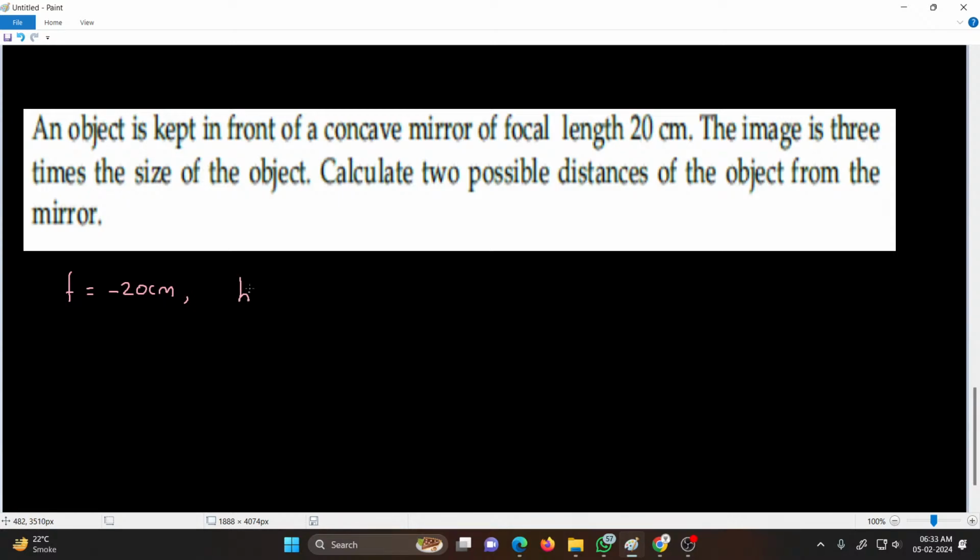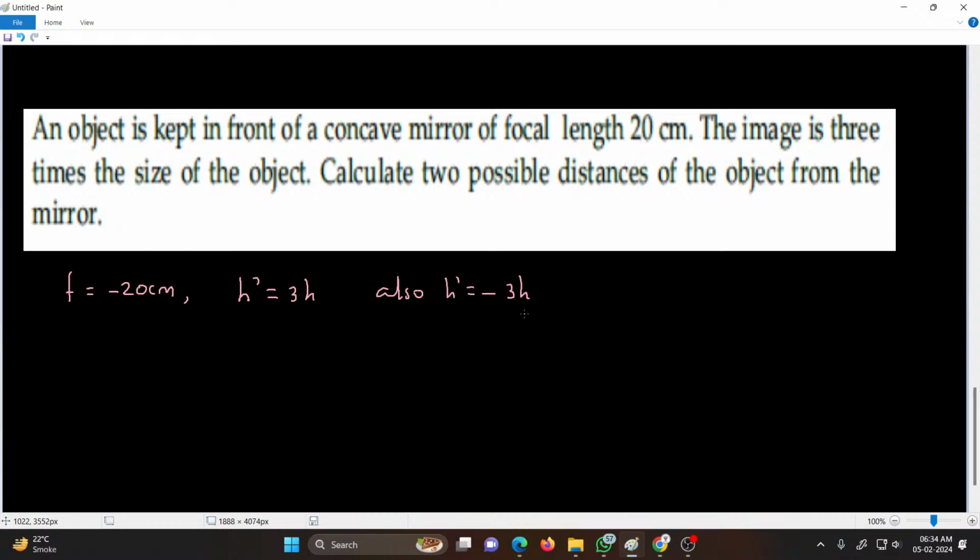So h dash is 3h, but also h dash can be minus 3h, isn't it? That means the image is either real or virtual. So the 2 possibilities are this.